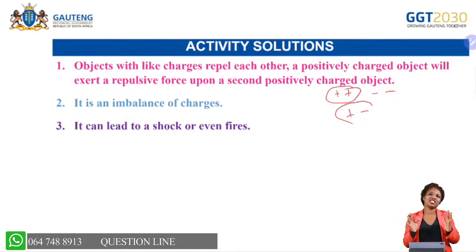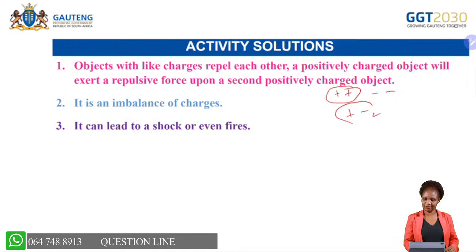They are going to attract. Why? Because they are unlike charges. They are not the same. They are unlike. Therefore, they are going to attract. They are going to move together, closer together. These are unlike charges.